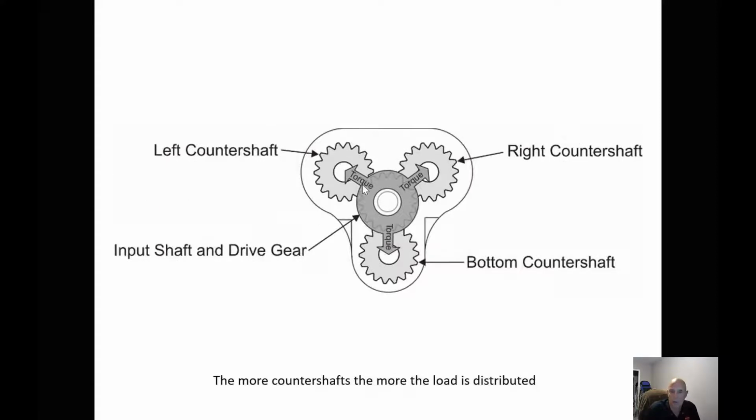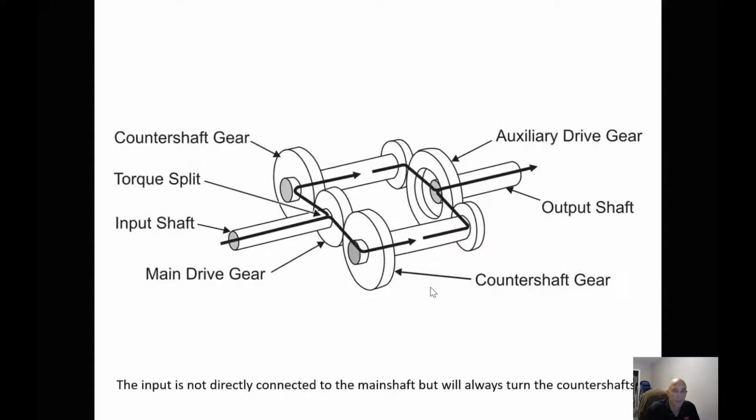In a triple countershaft transmission, we're dividing it by 3, and again, they all float in between these. Now again, the input shaft is not directly connected to the main shaft. Again, the countershafts always turn, but it's not until the sliding collar on the main shaft engages into a gear do we get any output. We're going to take a look more in depth at that.